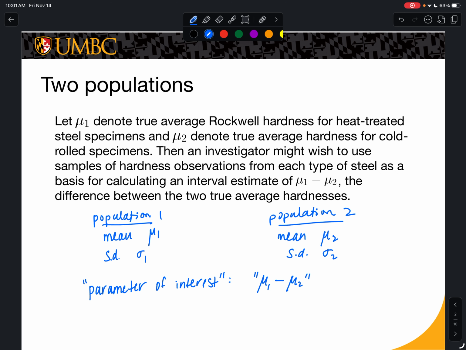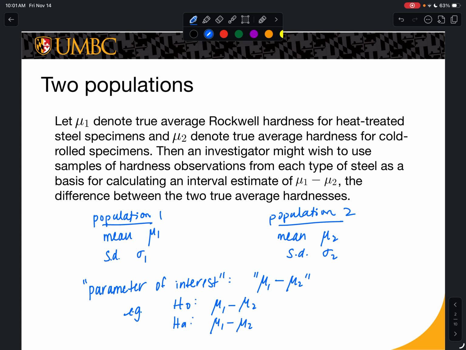We'd like to be able to actually think about mu1 minus mu2 as its own quantity that we are interested in learning more about. So the way we're going to end up writing our hypothesis tests is we will have a null hypothesis and an alternative hypothesis still, but they will both be based on this difference, mu1 minus mu2.